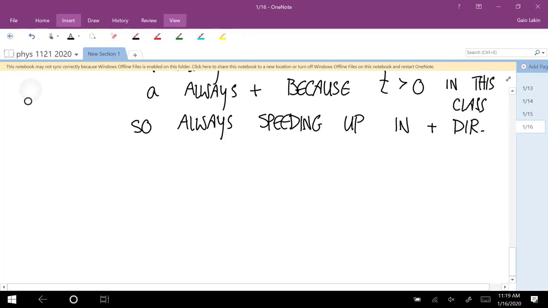Okay, so there's a special case that we're going to deal with pretty often. Constant acceleration.